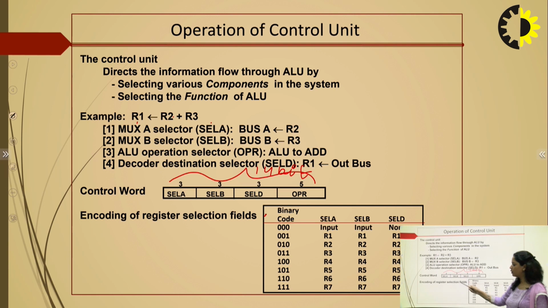Let us take a look at this truth table where we have certain binary codes for these selection lines. We need a binary code for R2, which will be uploaded at multiplexer A. Here selection B line is for R3, selection D line is for R1, that is the destination, and the operation code is for addition.